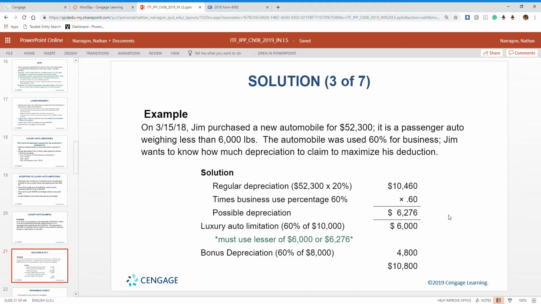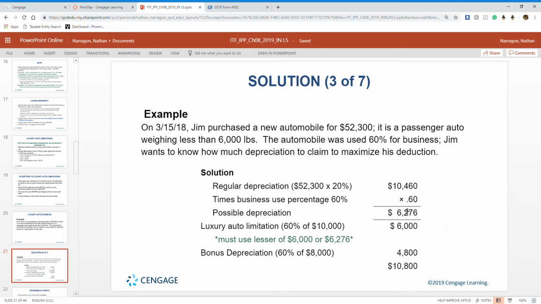Because they're going to consider this a luxury auto limit, since it's a passenger vehicle weighing less than 6,000 pounds, we also have to take $10,000 times 60%, which is $6,000, and we take the lesser of the two.